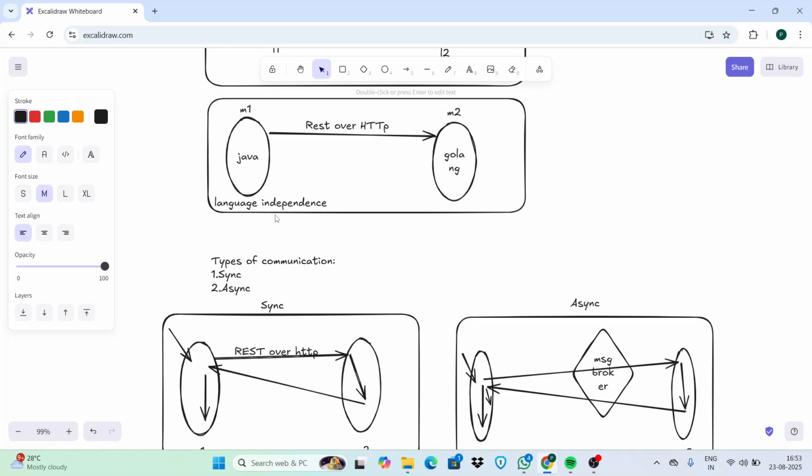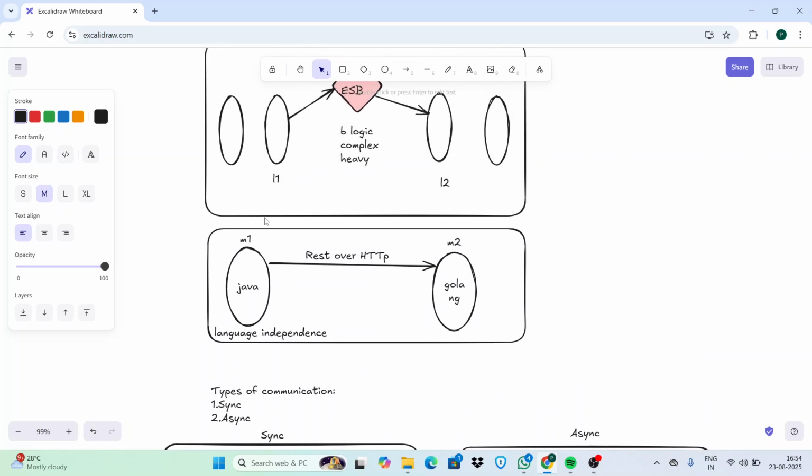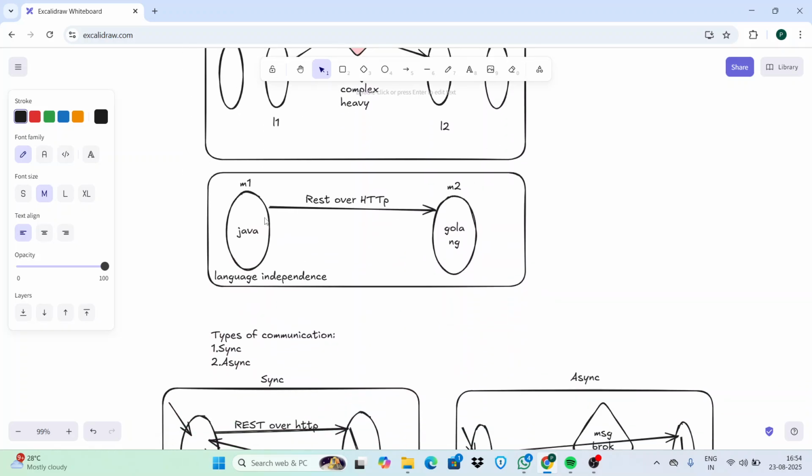Take the example of WhatsApp: each user is nothing but a microservice, and each user has their own knowledge, that is, each is a smart endpoint. The communication doesn't need any complex system. It just needs a medium to pass the text. This is the concept of smart endpoints and dumb pipes.